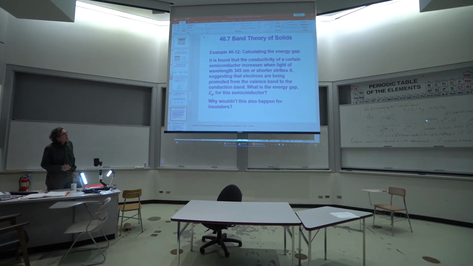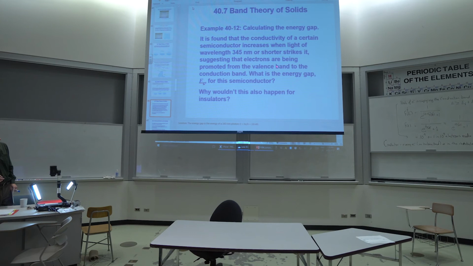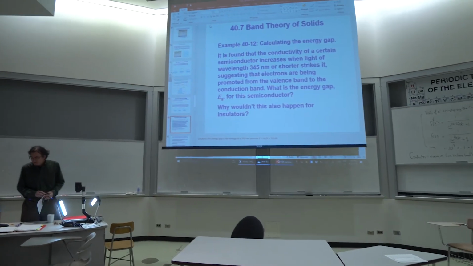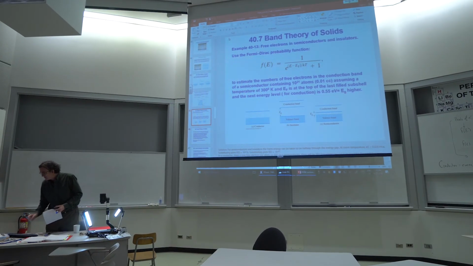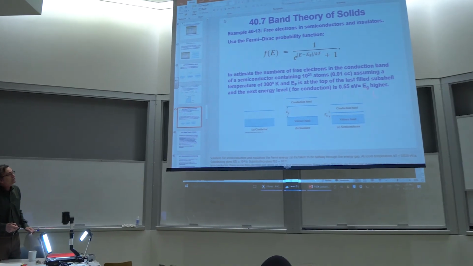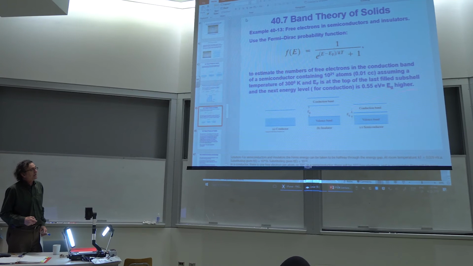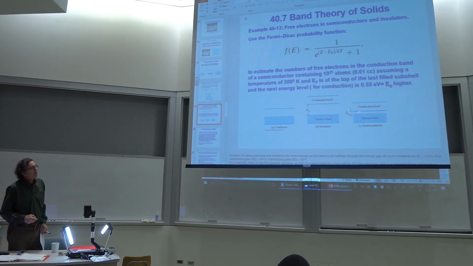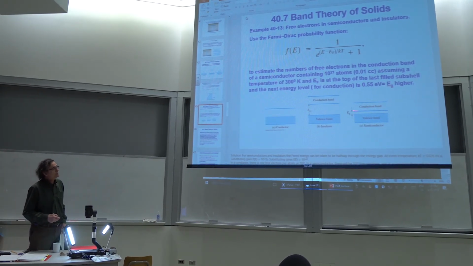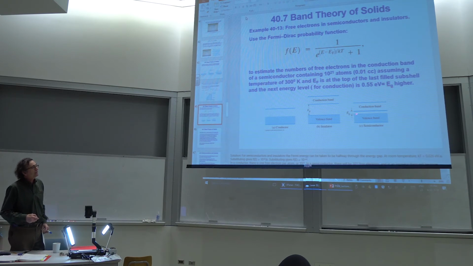This suggests that electrons are being promoted from the valence band to the conduction band, because suddenly by exposing the semiconductor to light, I get a conductivity, or the current versus voltage begins to become very noticeable, then I must be getting more electrons up here.